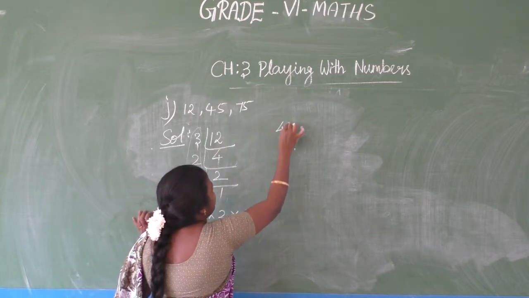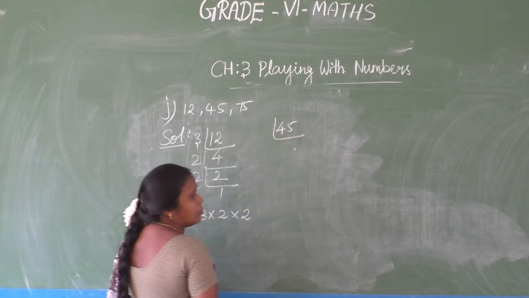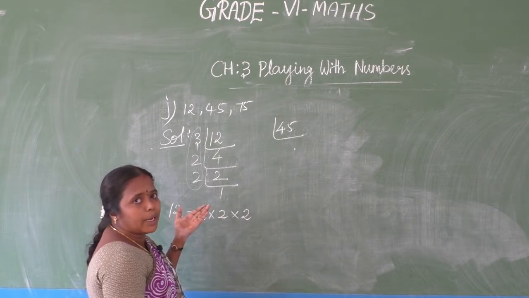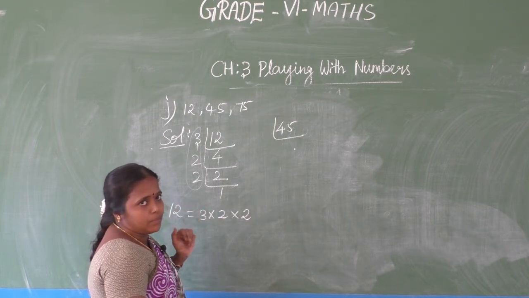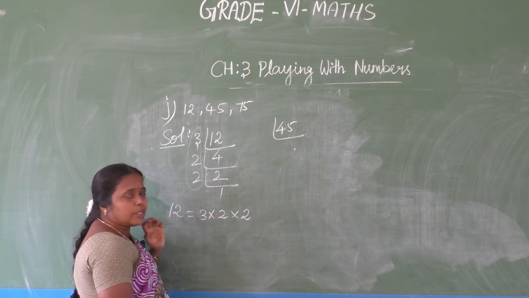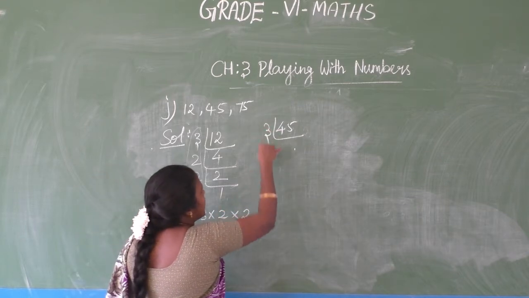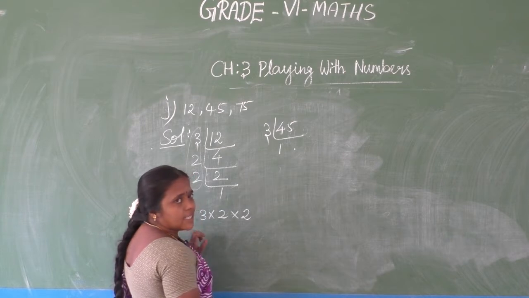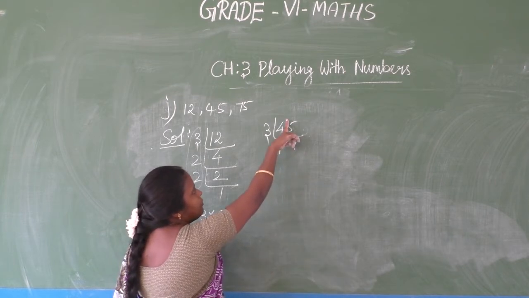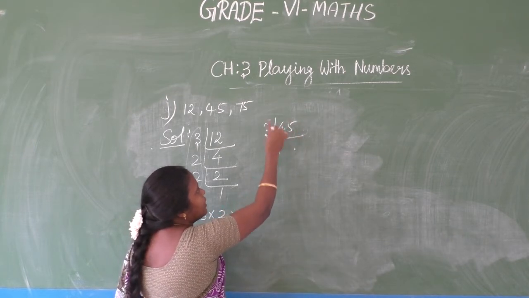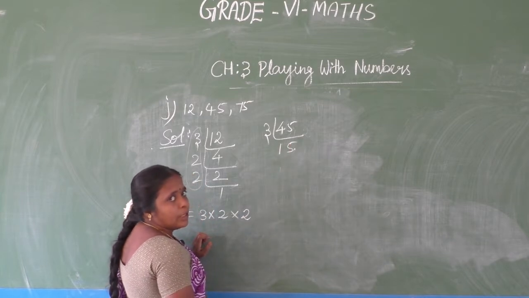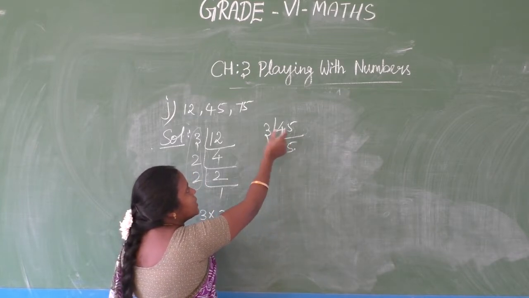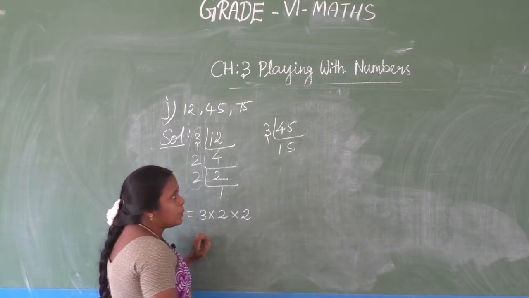Likewise for 45, 45 is an odd number. So we can try this number by odd primes. Odd primes means 3, 5, 7 like that. So I am trying by the 3 table. In 4, how many 3s are there? 1 3 is 3. Remainder 1, if you keep it here it becomes 15. In 15, 5 3s are 15. So totally 15 3s are 45. Okay.